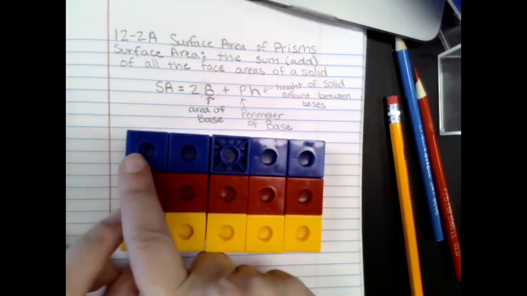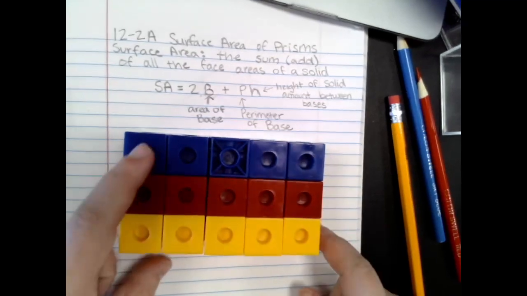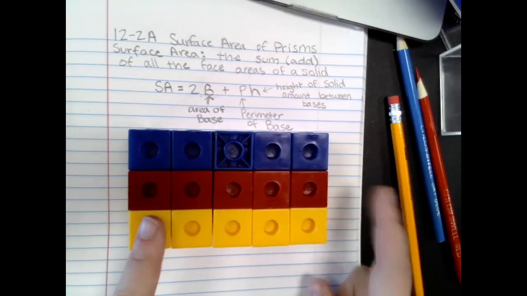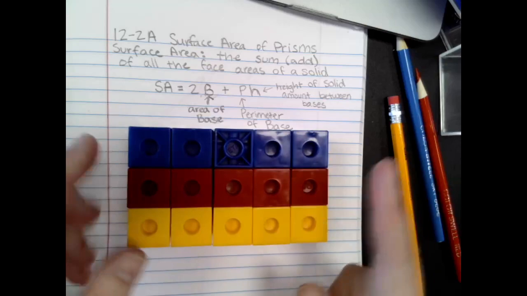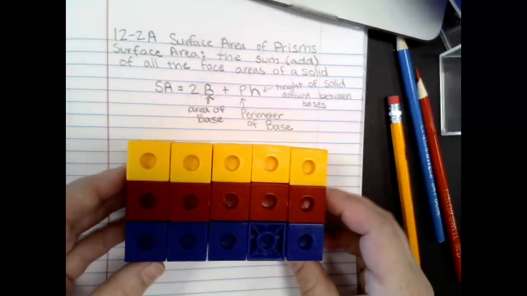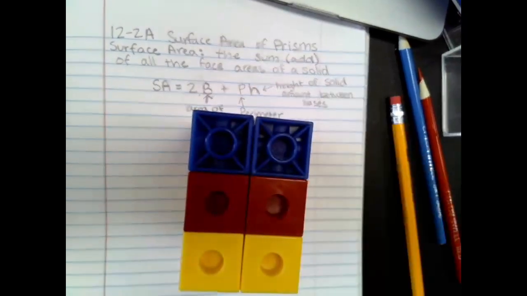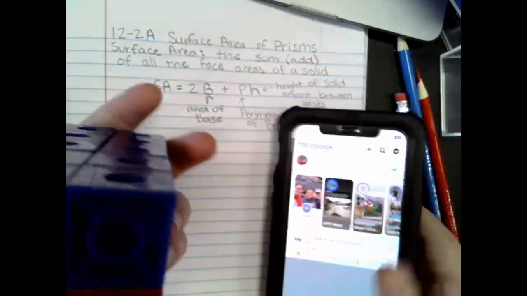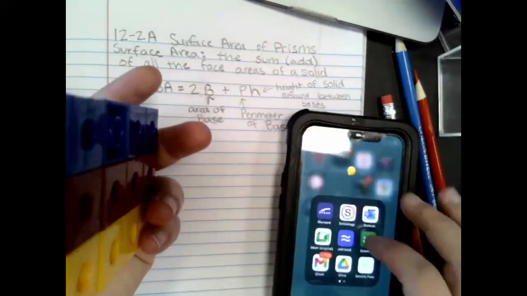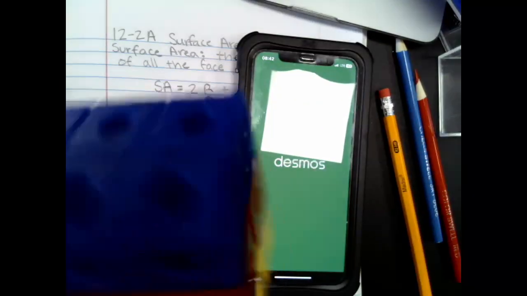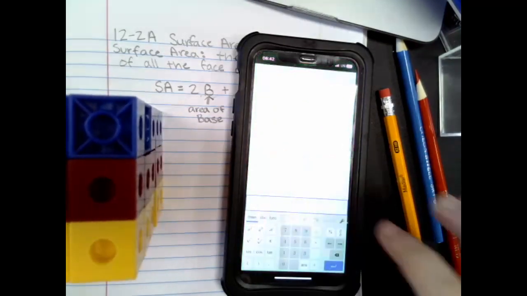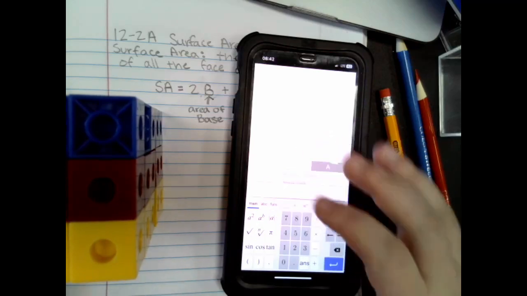How many are on this side? It's a 5 by 3, so that would be 15 front and 15 back. And then on the other side, we have 6 and 6. So if I use my calculator here, and we find that surface area, that's one way to do it, by adding each part.